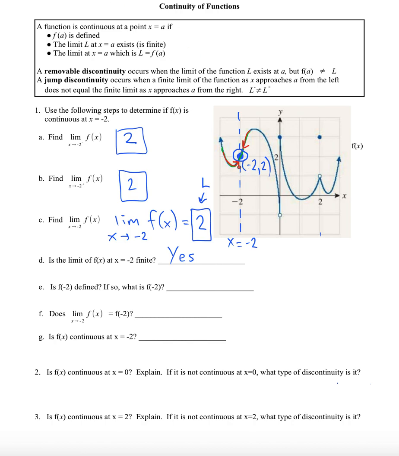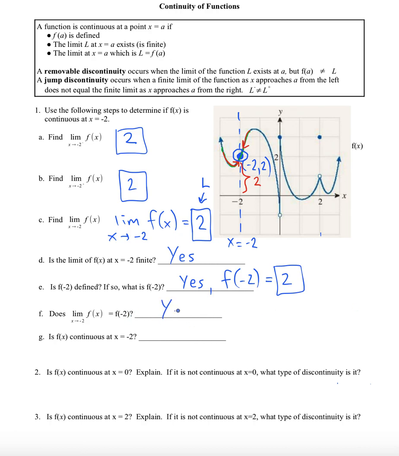Well, if you look at the height of the curve here at -2, it's a height of 2. So f of -2 is 2. Since the output of the function matches the limit of the function, that's a way to show continuity.